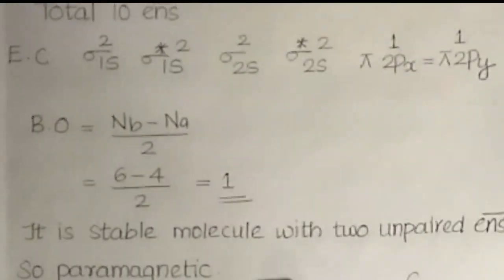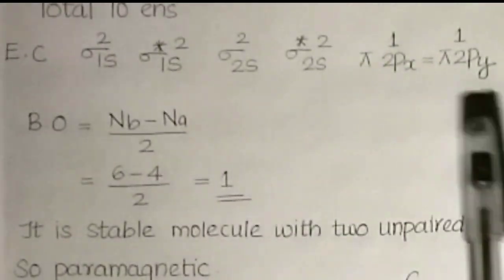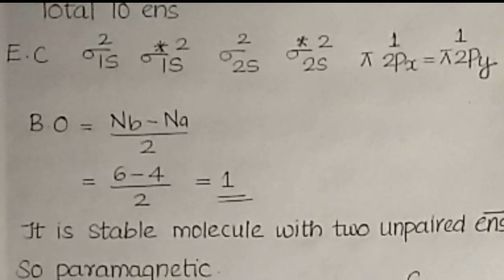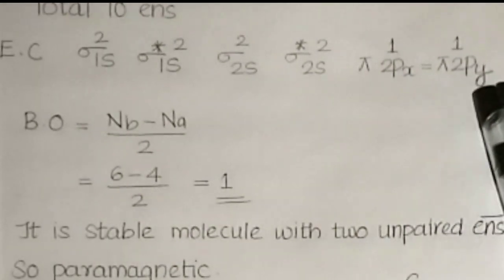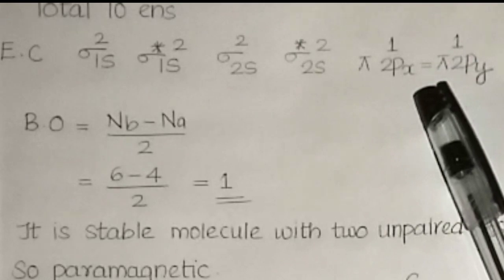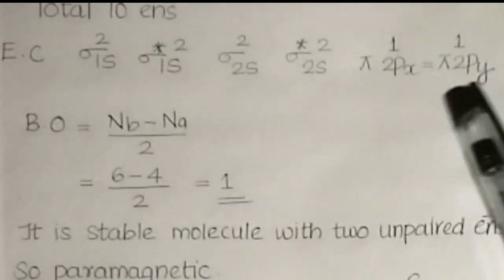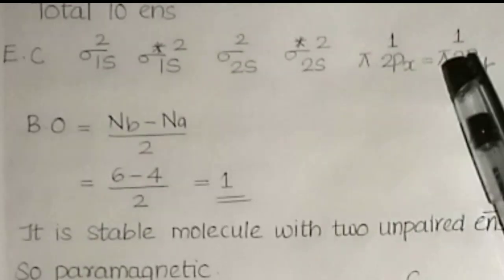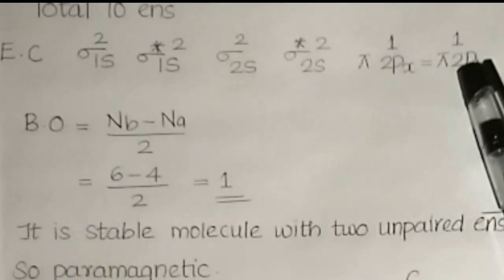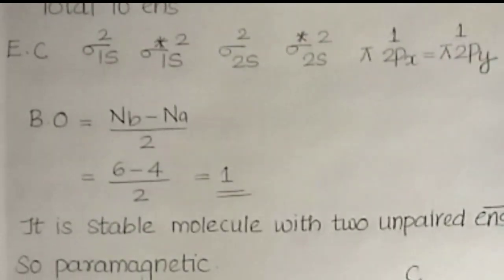So it is a stable molecule with 2 unpaired electrons. 2 unpaired electrons are present in the pi 2px and pi 2py molecular orbitals. So this is paramagnetic in nature, because these are not paired electrons, these are unpaired electrons.